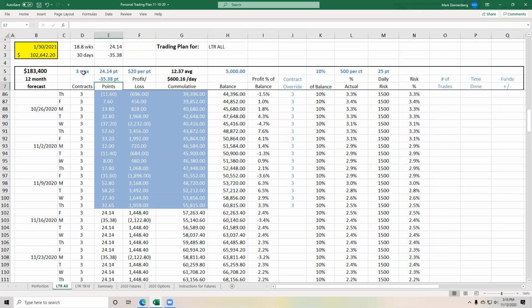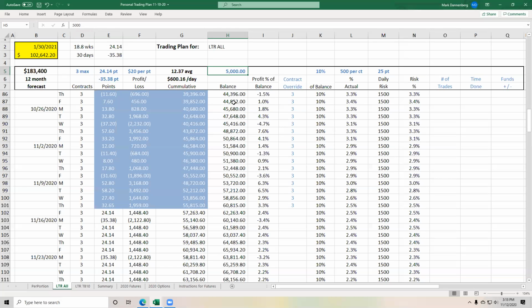So based on a 3-contract max, meaning we will never exceed 3 contracts, we'll never move beyond 3 contracts, that's our maximum, we are looking at an income forecast of about $183,400.